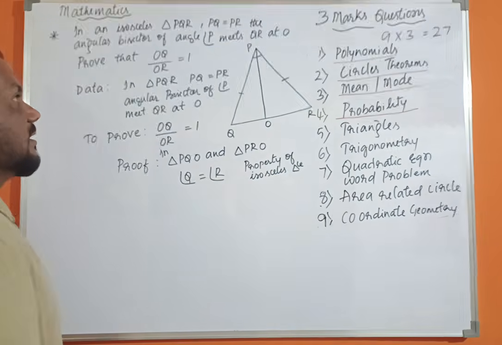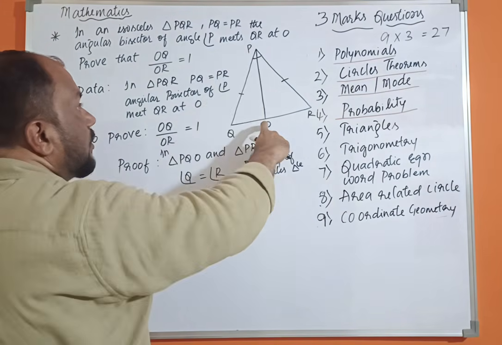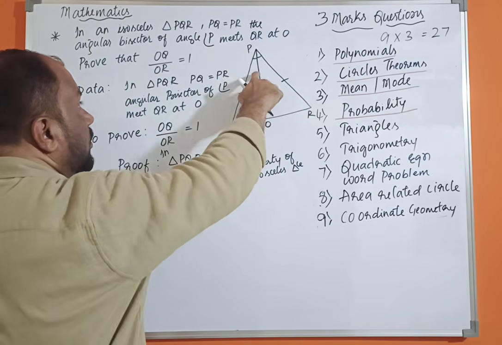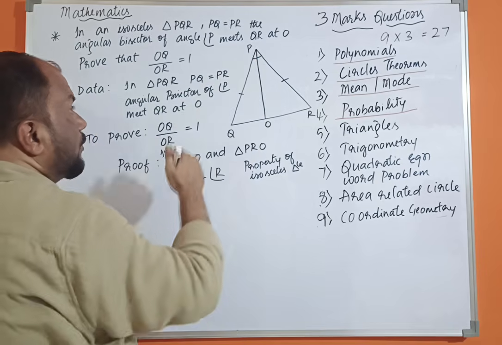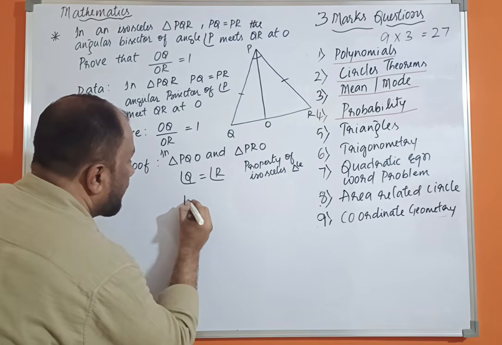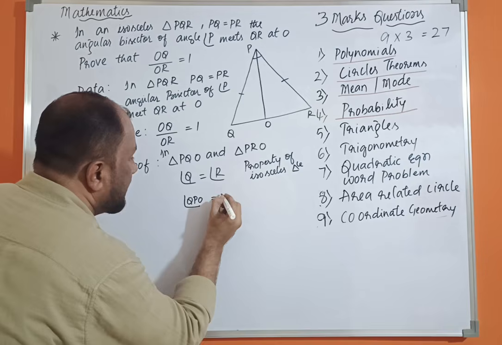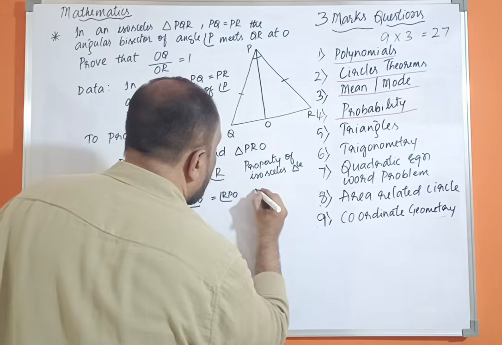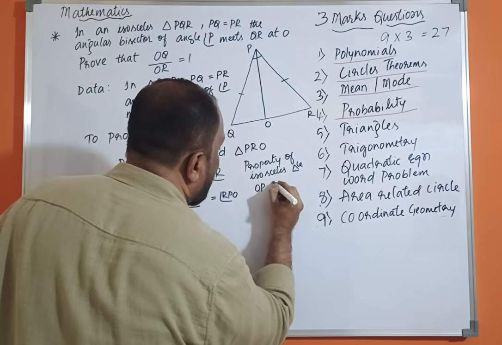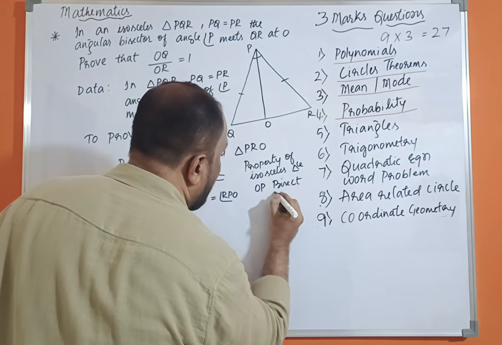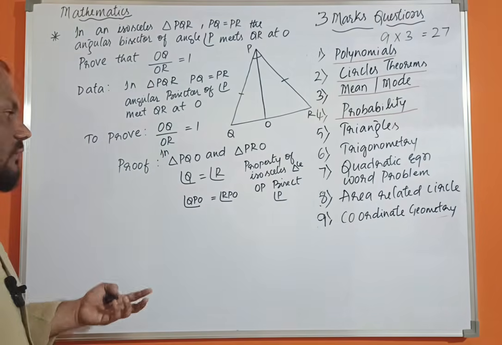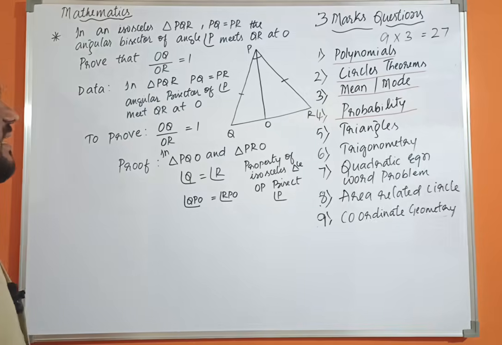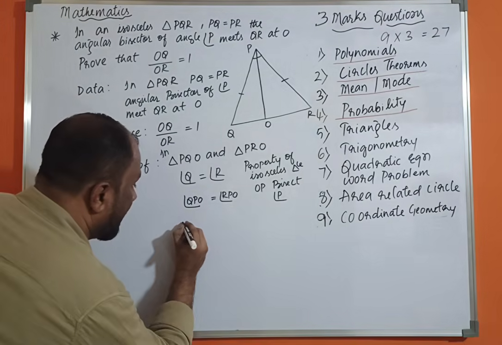One angle is equal. Then PO is the angular bisector of angle P. It means that PO divides angle P into two equal parts. So angle QPO is equal to angle RPO. Reason: OP bisects angle P. Now we proved that two angles are equal in both the triangles. So both the triangles are similar by AA similarity criteria.